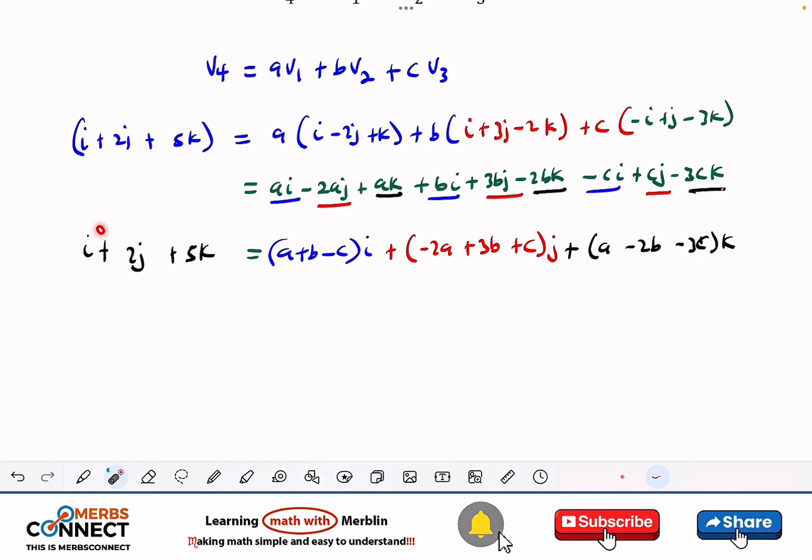So we are going to equate this to this. So what's the coefficient of I here? 1. And what's the coefficient of this? So this is going to give us A plus B minus C is equal to 1.